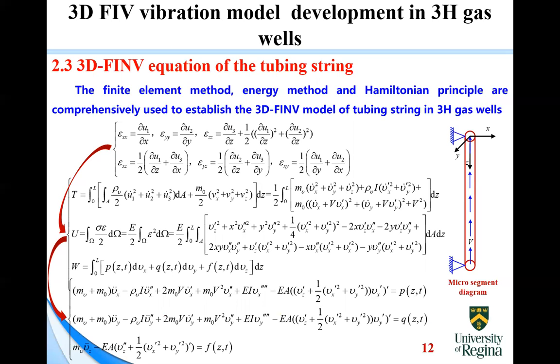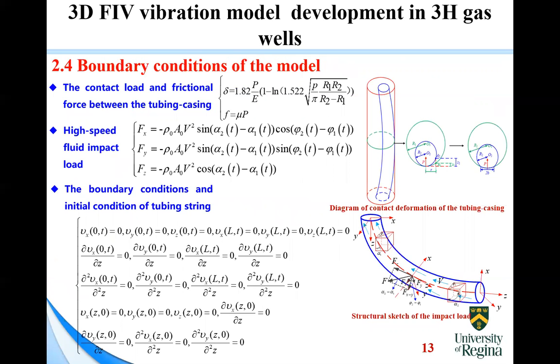We put these in and simplify, and we can get the vibration equations of the tubing string. The first indicates the vibration along the X axis, the second the Y axis, and the third the Z axis, which is the longitudinal vibration. Also, we establish the vibration equation of the tubing string.